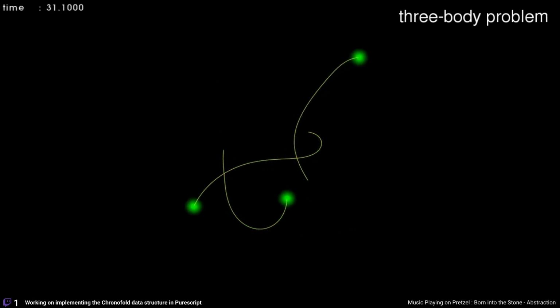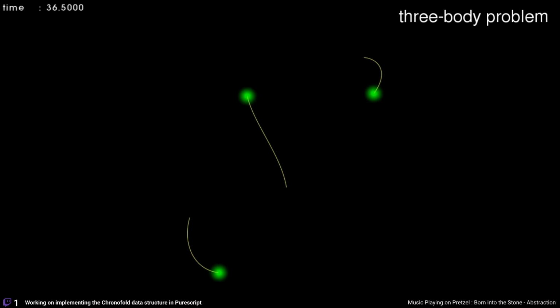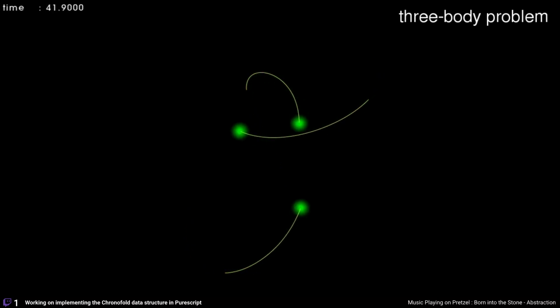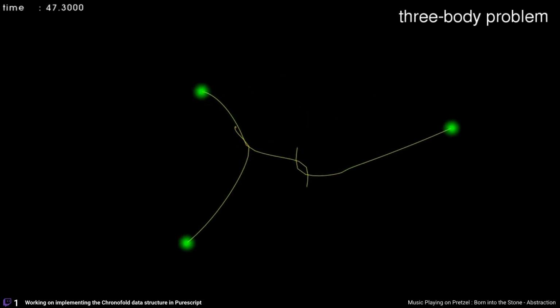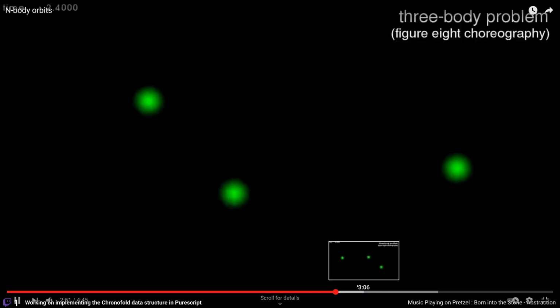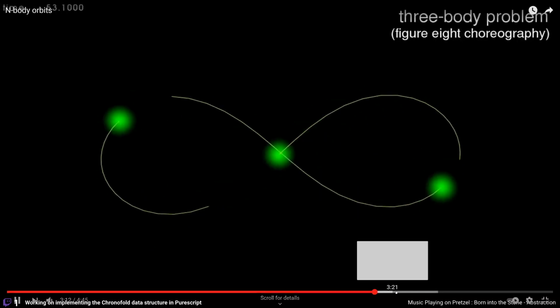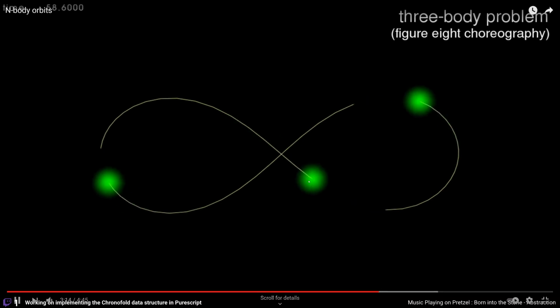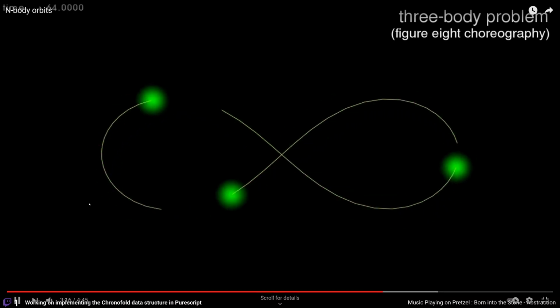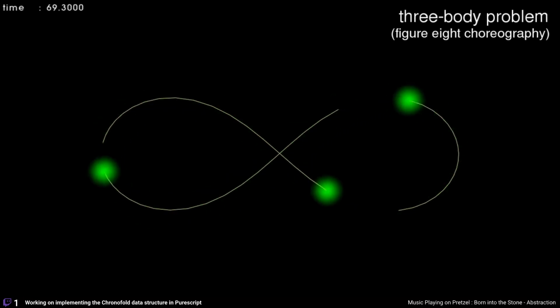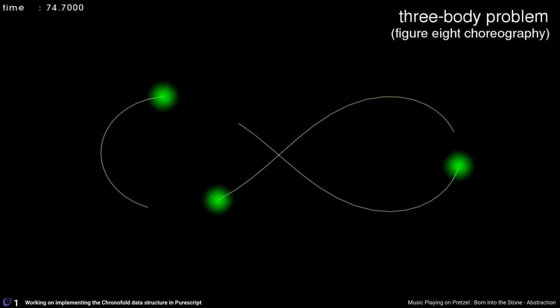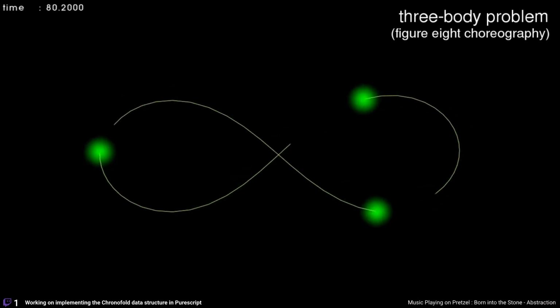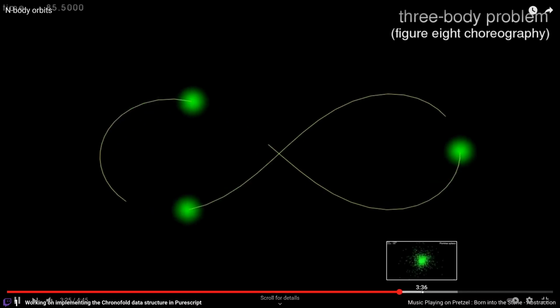3-body problem. And we're starting to get really interesting shapes, aren't we? This I don't think would qualify as a choreography. So this is a figure 8 choreography. Here we have 3 bodies that are set in such a way that they look like they're following each other in a figure 8.